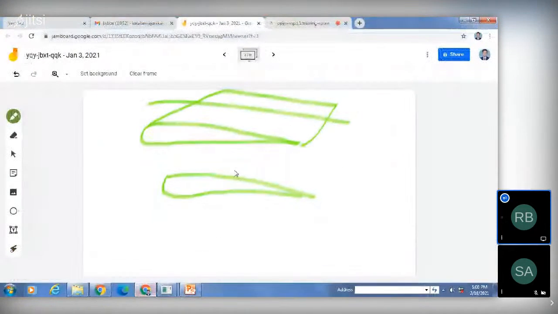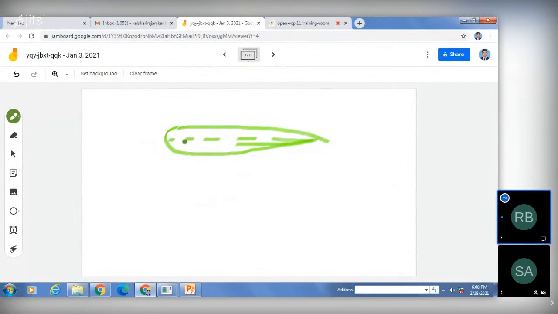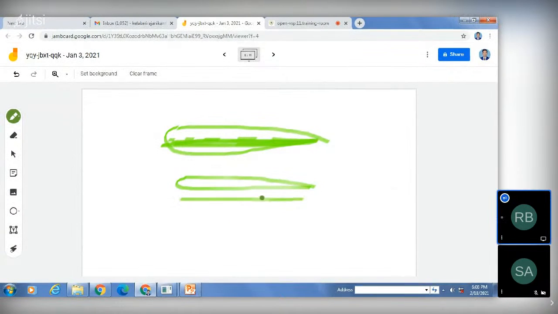Which means here, if I cut along like this, from leading edge to trailing edge, in this case the chord line and the camber line will coincide, one above the other. Then we can see the upper surface like this and the lower surface like this.